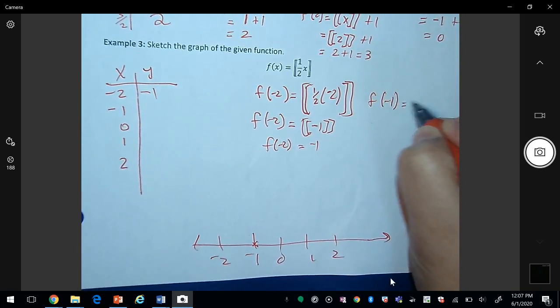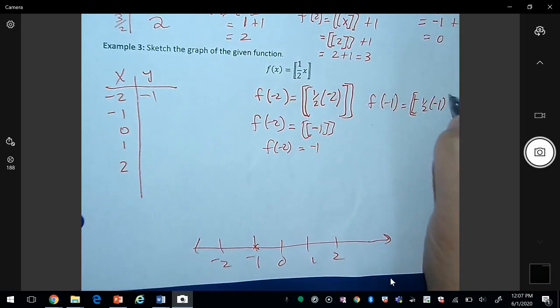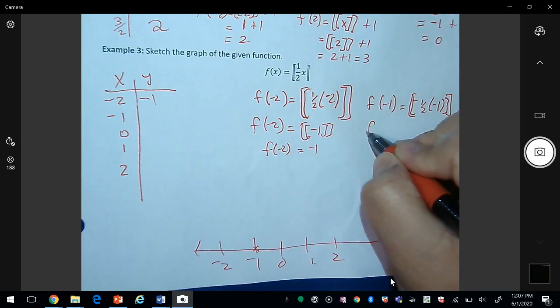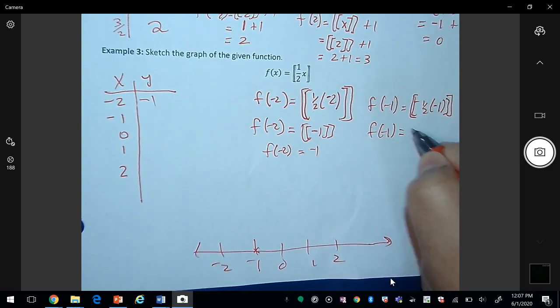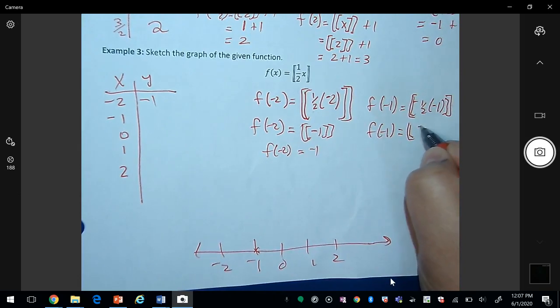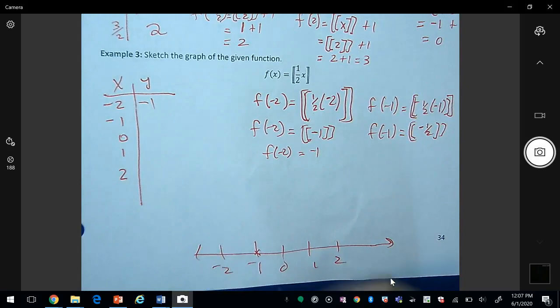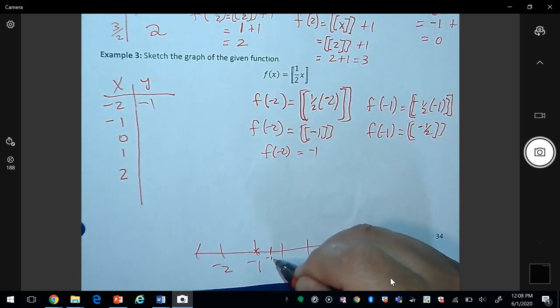F of -1 would give us 1/2 times -1, which is -1/2. So -1/2 is right here.